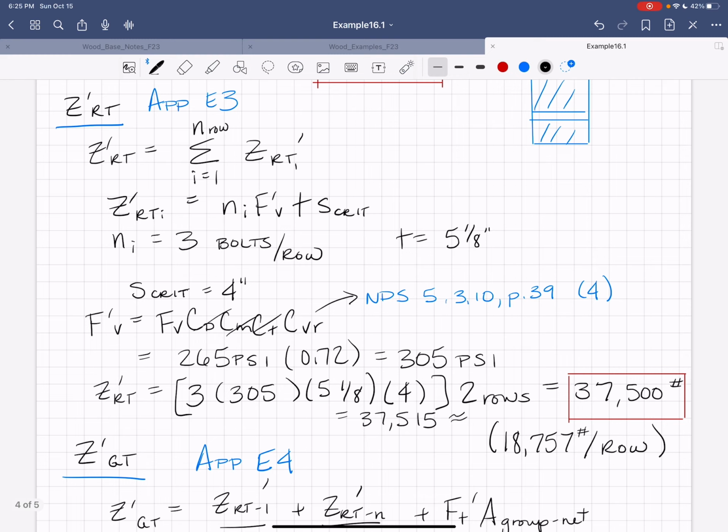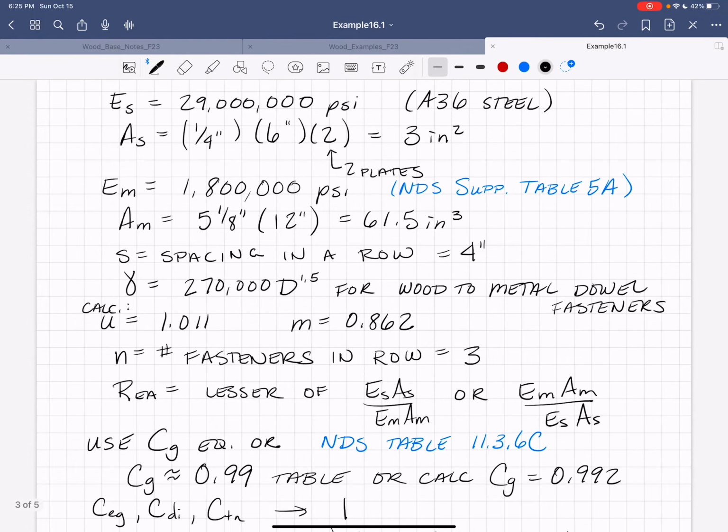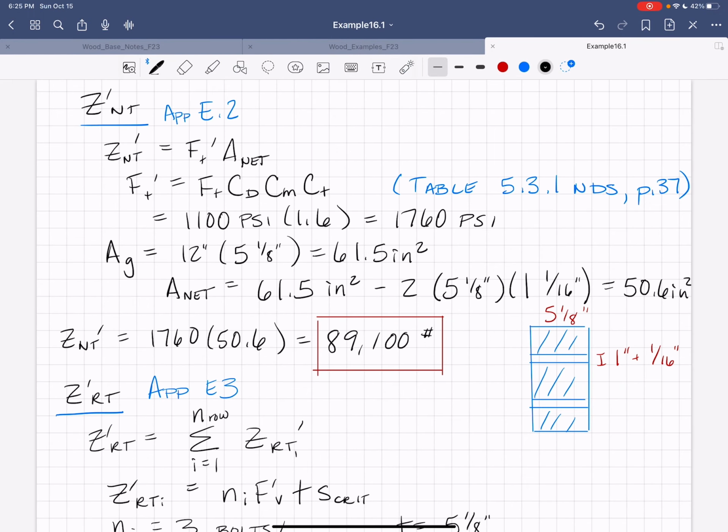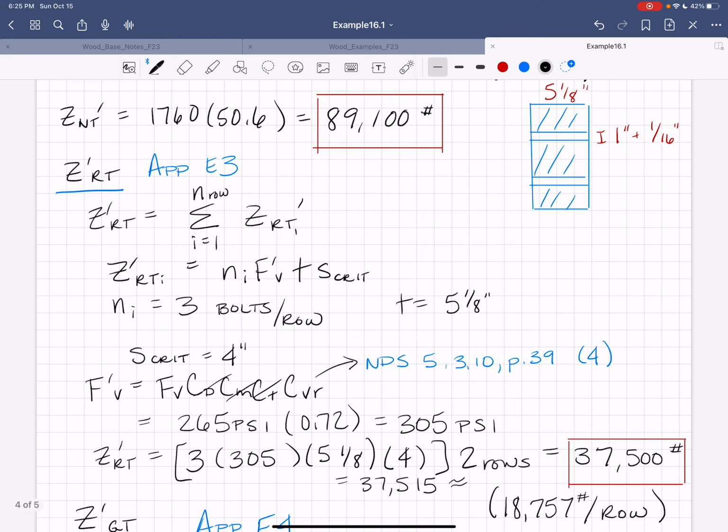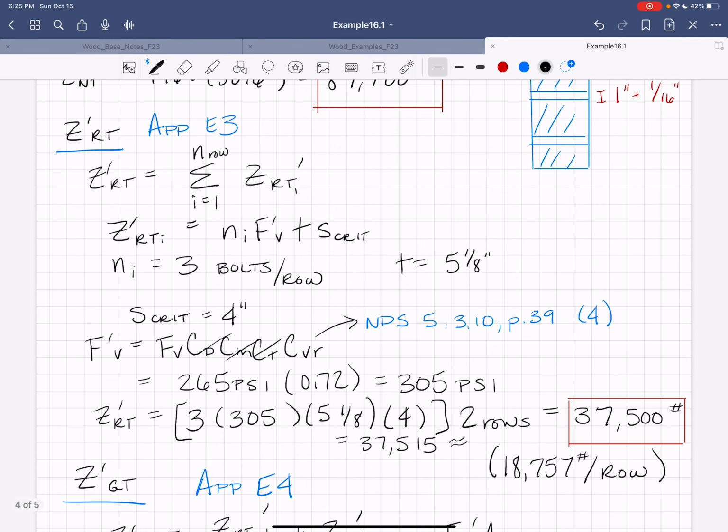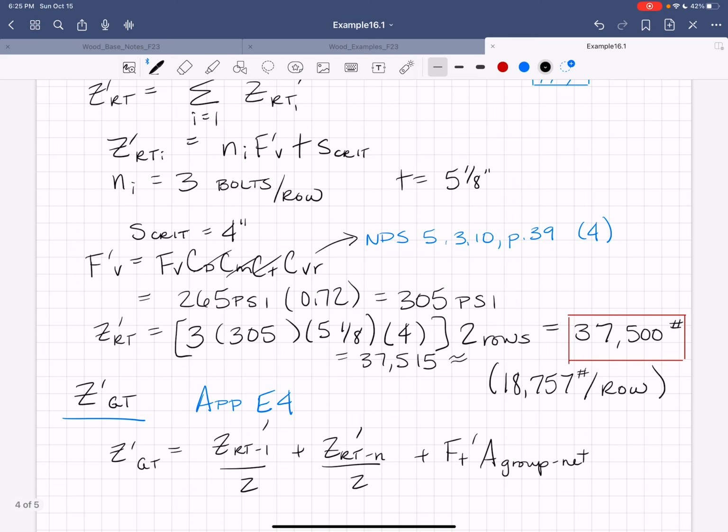Now we pull out our direct tension row tearing, and that is in appendix E3. Here we add up, and they give us an equation. We look at the number of bolts per row times the shear F sub B prime, which you've done before, the t value, in this case the thickness of the wood section, 5 1/8, and then S critical, which is the smallest S spacing, which is 4 inches.